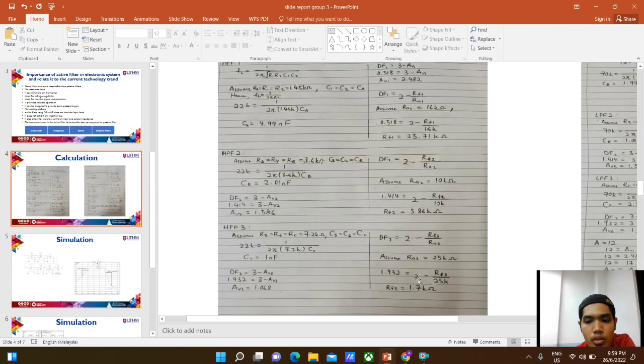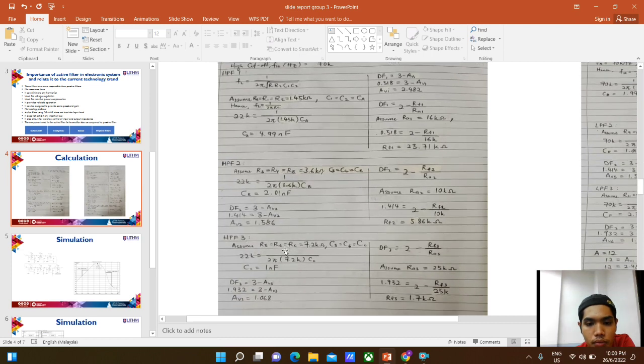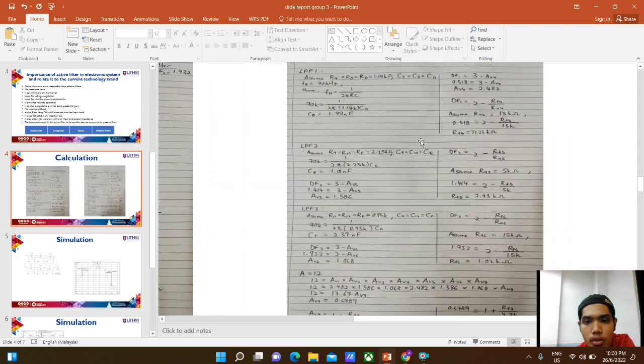When we have the three answers, we also have the current for each high pass filter. Here is the answer: current 1, current 2, and current 3.